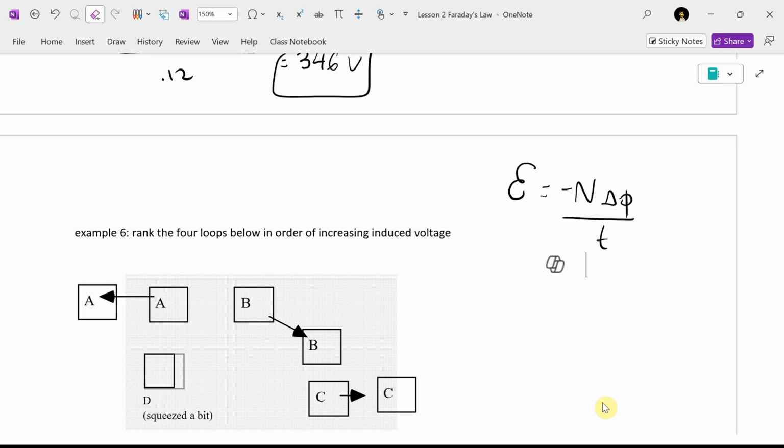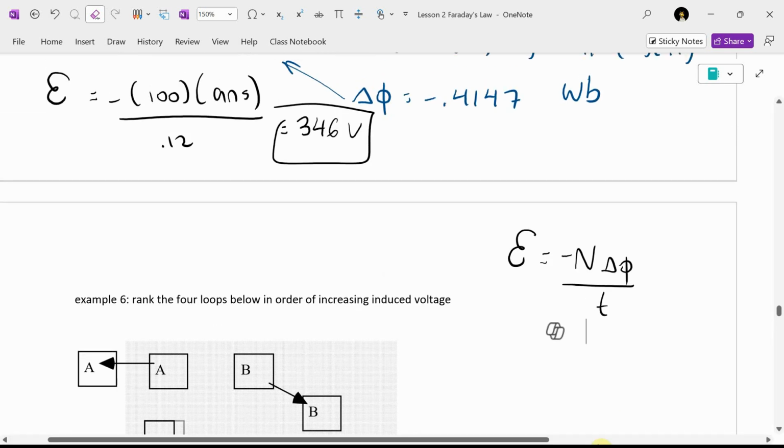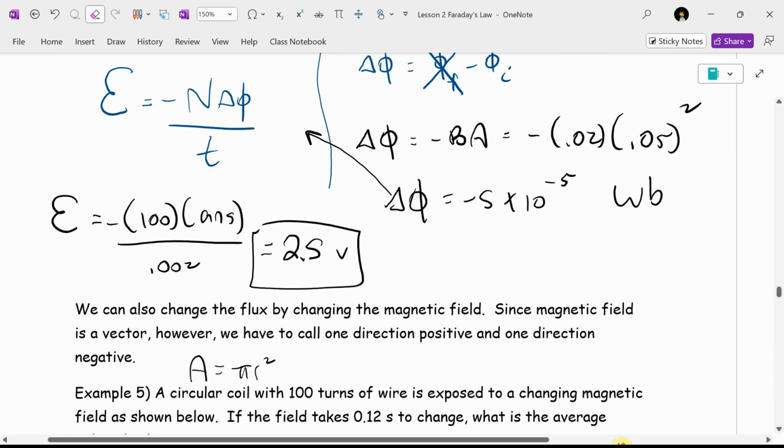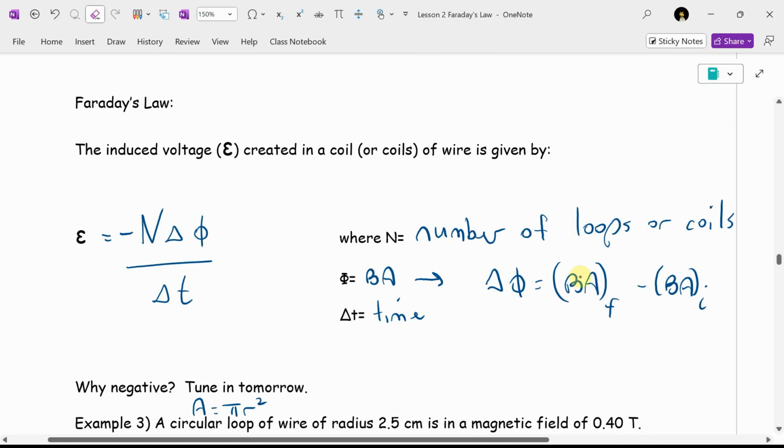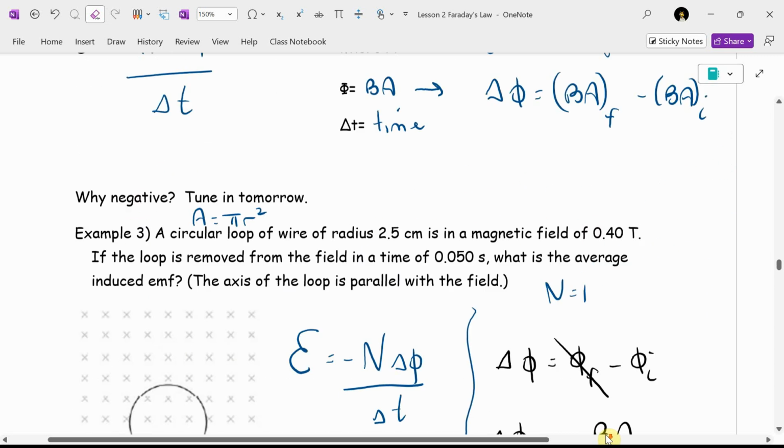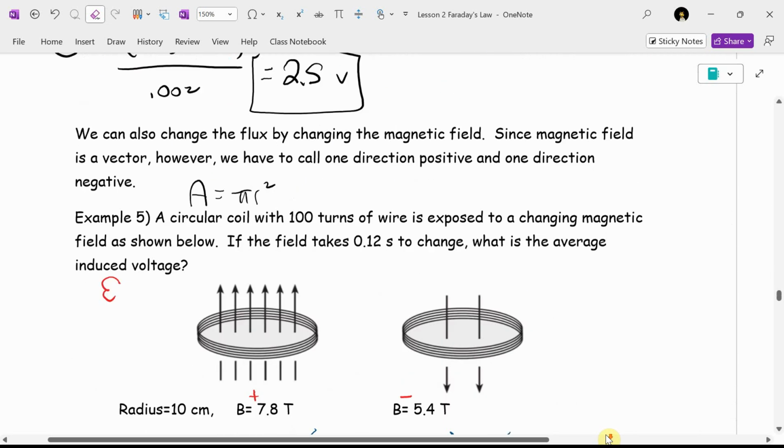Or if I really want to be snotty, there's actually more than 4 variables in here, because you also have the final area and initial area, or final magnetic field and initial magnetic field. I could have you get one of those by itself. I would consider that a fairly advanced question. That would be an example of a nasty multiple choice I might put on. You're not going to get that on a quiz as an easy question that I expect all of my students to do.